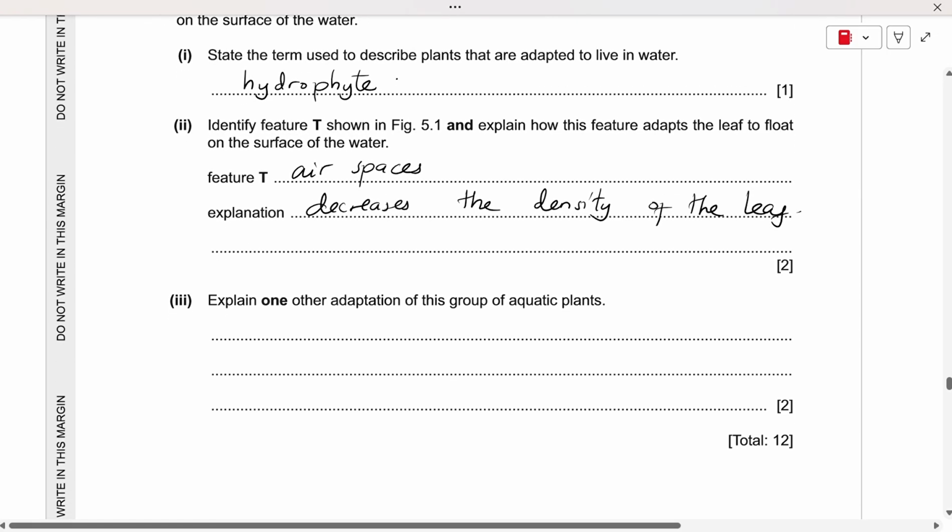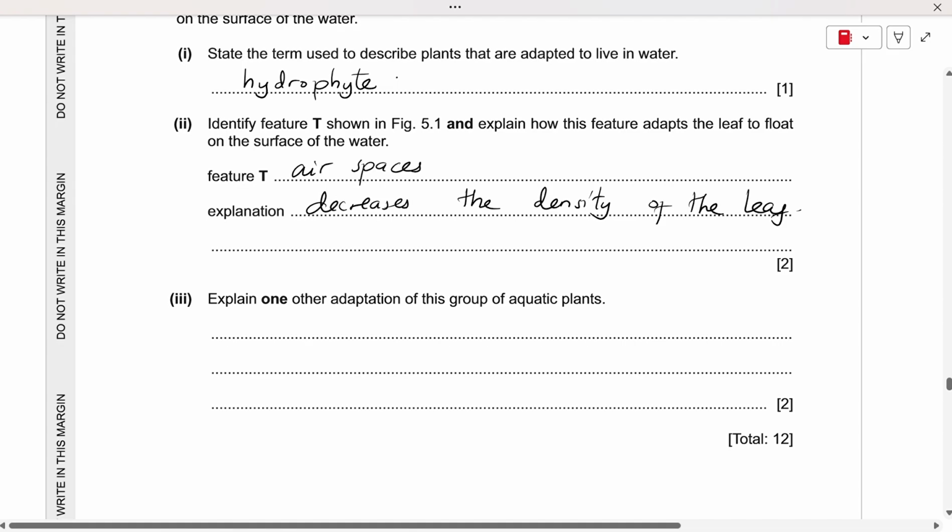Okay, explain one other adaptation of this group of aquatic plants. Okay, apart from having maybe lots of air spaces, these plants usually have very little cuticle, or sometimes they don't have cuticle at all. Why?